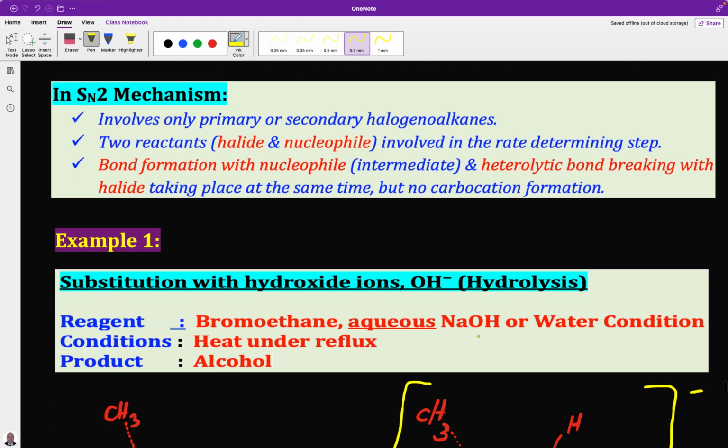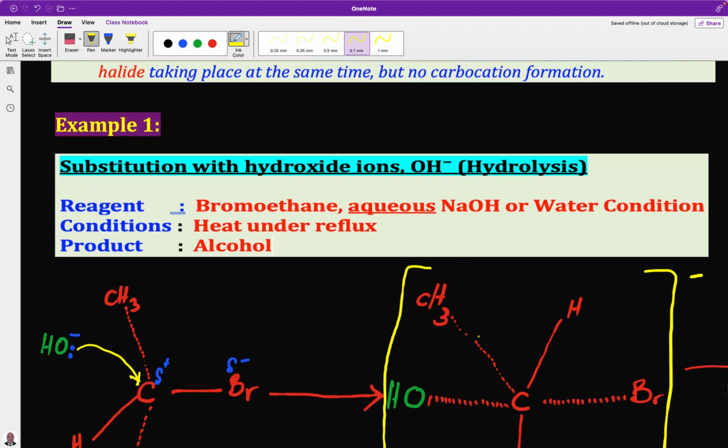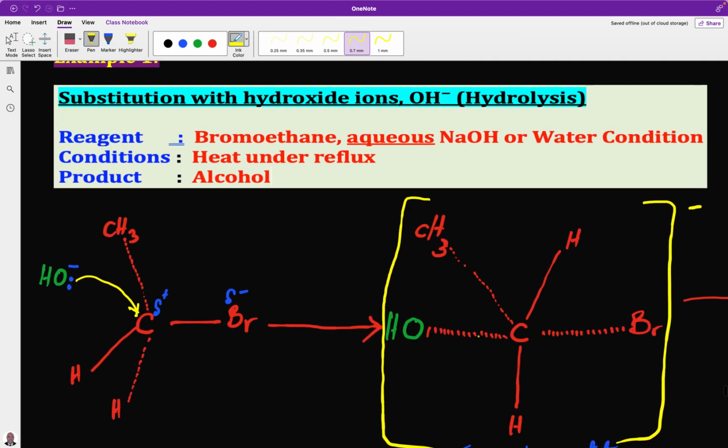Then again, in this same reaction, there is bond formation with the nucleophile, and the heterolytic bond breaking with the halide. We saw it here. An example of the primary halogenoalkane we took was bromoethane with ethanol.